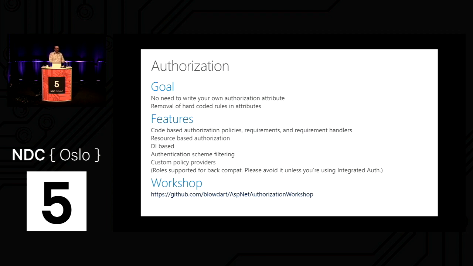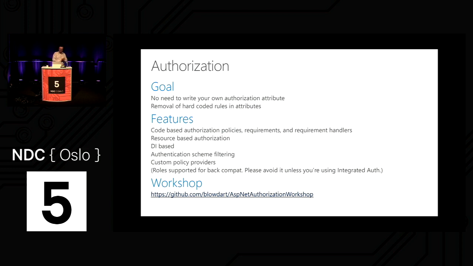We now have a way to express your authorization pieces in code without having to write your own custom class. We have requirements and we have requirement handlers, and then we have policies, and a policy is built up of one or more requirements. It says, okay, if this person is going to be authorized, they must fulfill this requirement and that requirement, and then the requirement handlers get called so you can figure out whether someone has passed or not.